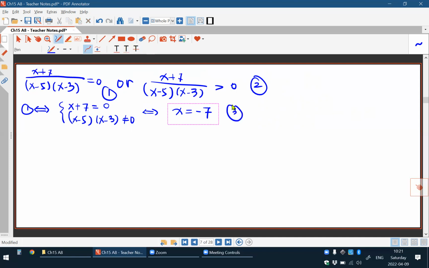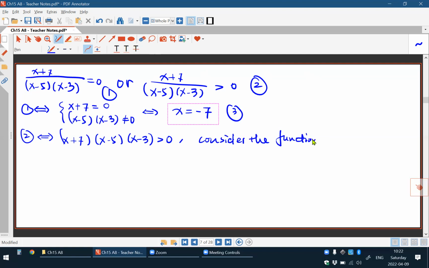Let's call this number 3. Then let's consider the inequality. Again, we have a ratio that is greater than 0, and this is equivalent to the product is greater than 0. Then we can consider the function on the left: y equals x plus 7, x minus 5, then x minus 3.